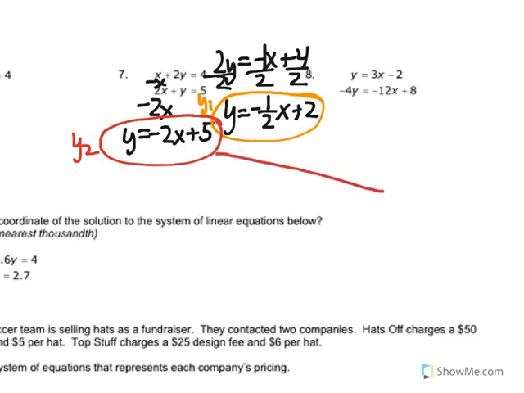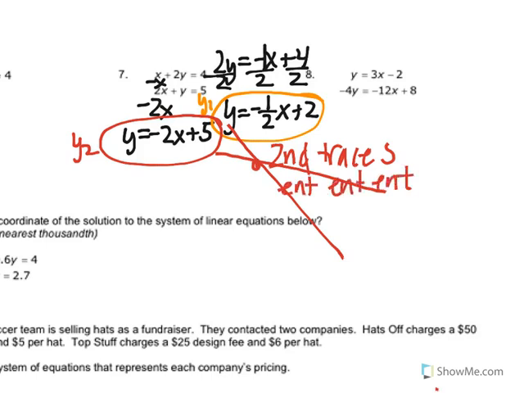One's going to kind of go flat, and the other one's going to go a little more like that. Find your intersection point, and how do we do that? Second, trace, 5, enter, enter, enter. And when you do that, your calculator is going to tell you that x equals 2 and y equals 1. And bam, there you are, you're solved.